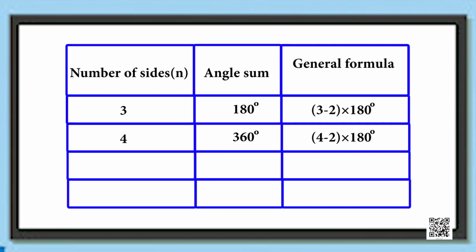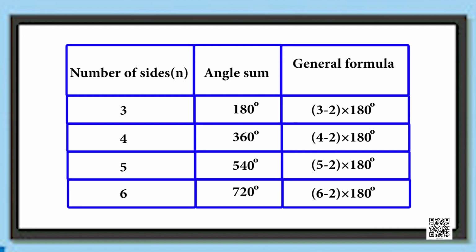180 or 360 degrees. For a 5-sided polygon, the angle sum would be 540 degrees, because there are 5 sides, and hence 5 minus 2 times 180 degrees, which will be 3 into 180 degrees, and hence 540 degrees.